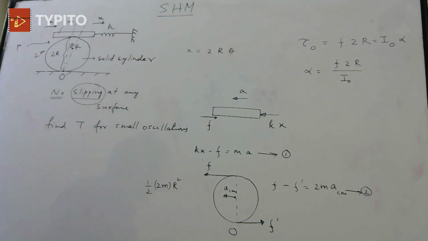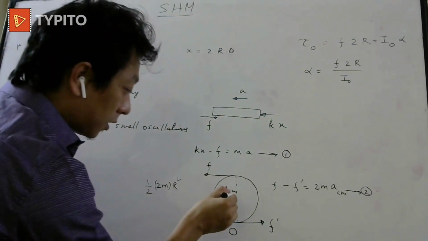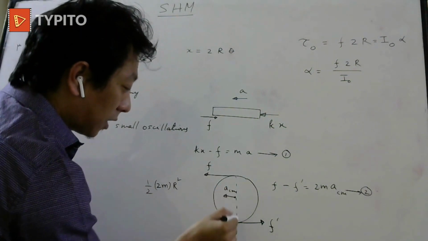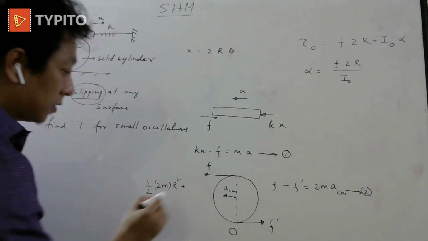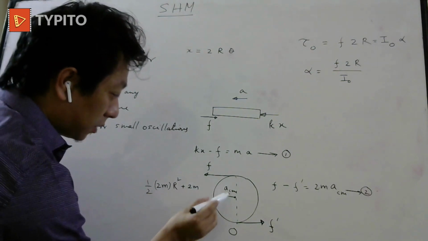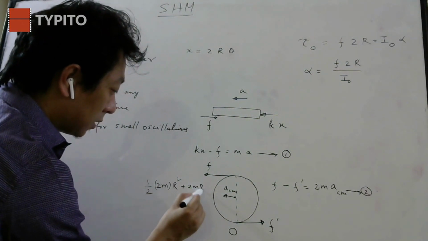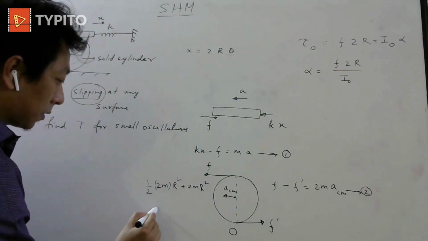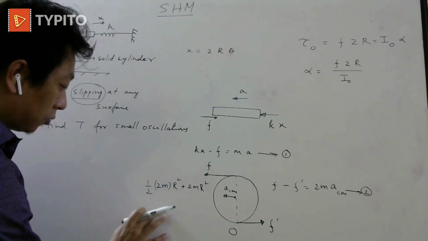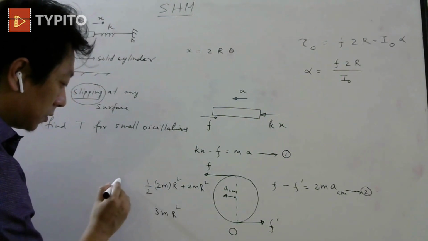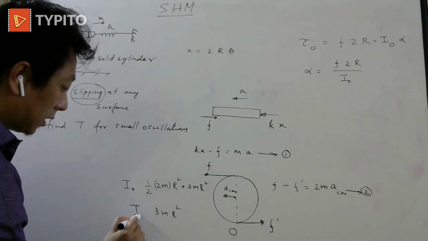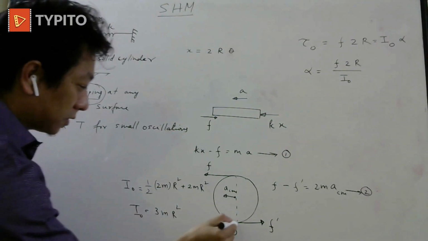That is the moment of inertia for a cylinder about an axis passing through its center of mass. But I want about this axis. So we will apply the parallel axis theorem. So mass into perpendicular distance, which is R square. So that will give you 4, this 2 and 2 will cancel, so this will be 3 mR square. That is the moment of inertia of the cylinder about this axis.